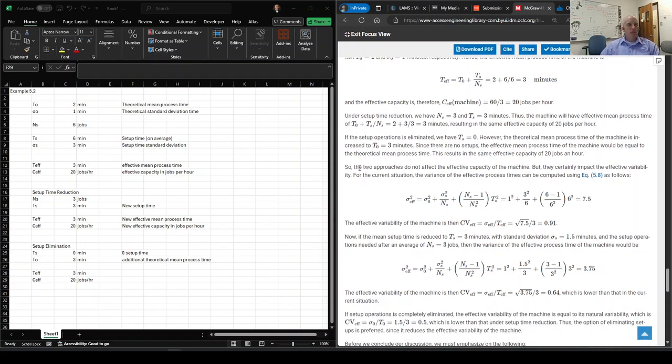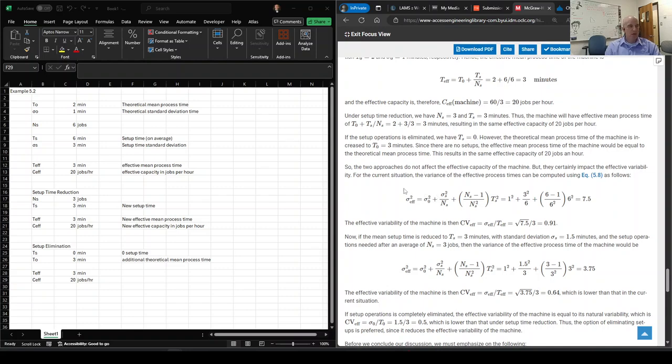So the book says the two approaches do not affect the effective capacity of the machine, but they certainly impact the effective variability. For the current situation, the variance of the effective process times can be computed using equation 5.8 as follows. Let's just walk through this equation here.